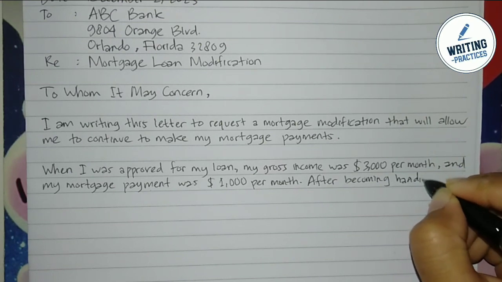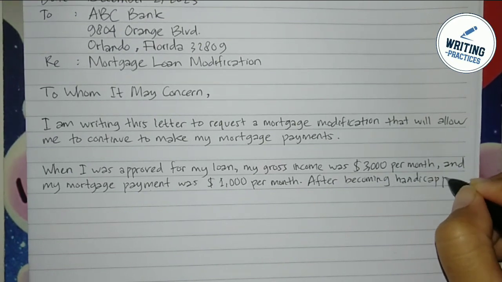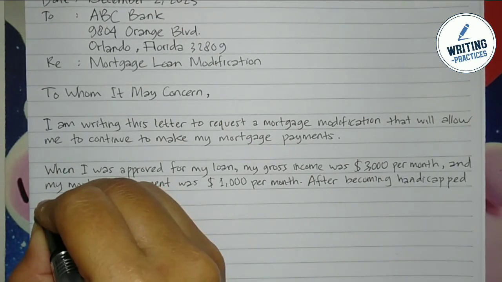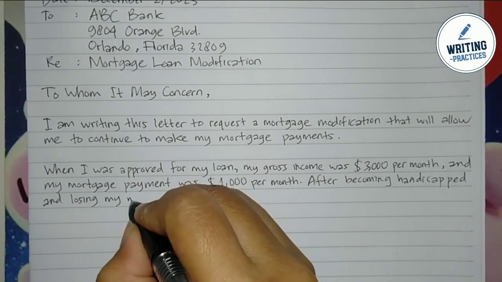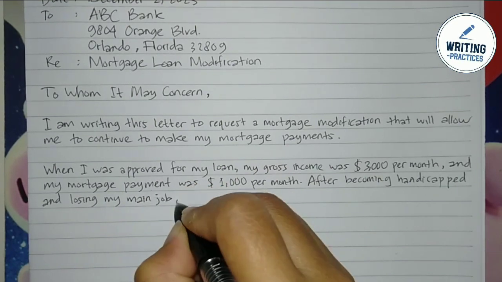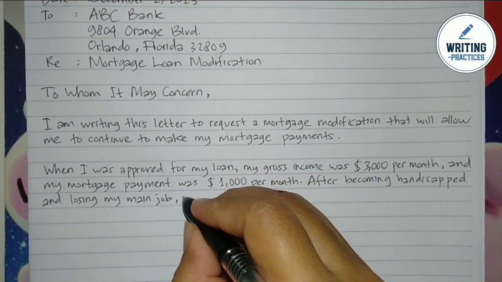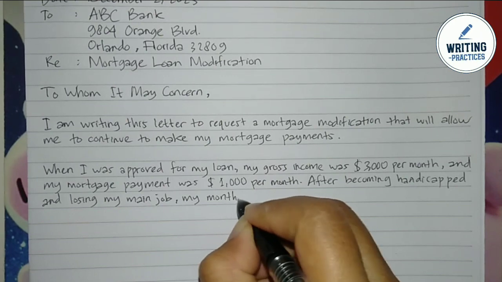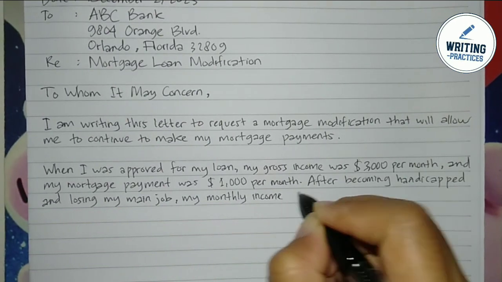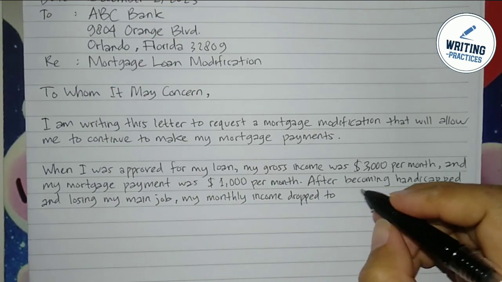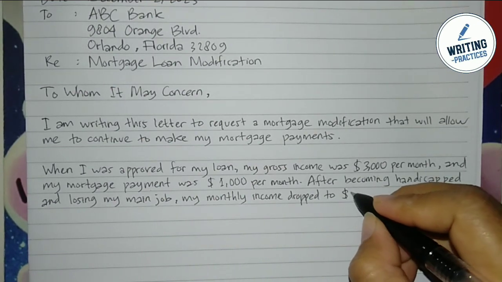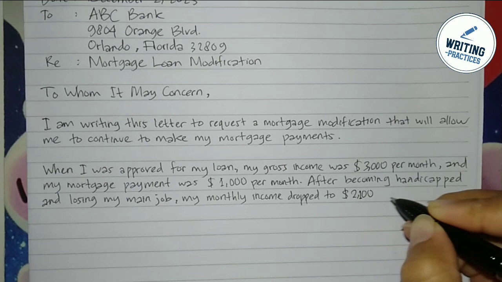However, the situation now changes. And tell how come. You may have lost your job. Or your salary decreased for some reasons. Just tell it here. In this example, the writer tells the recipient that after becoming handicapped and losing the main job, the writer's monthly income really dropped to $2,100.